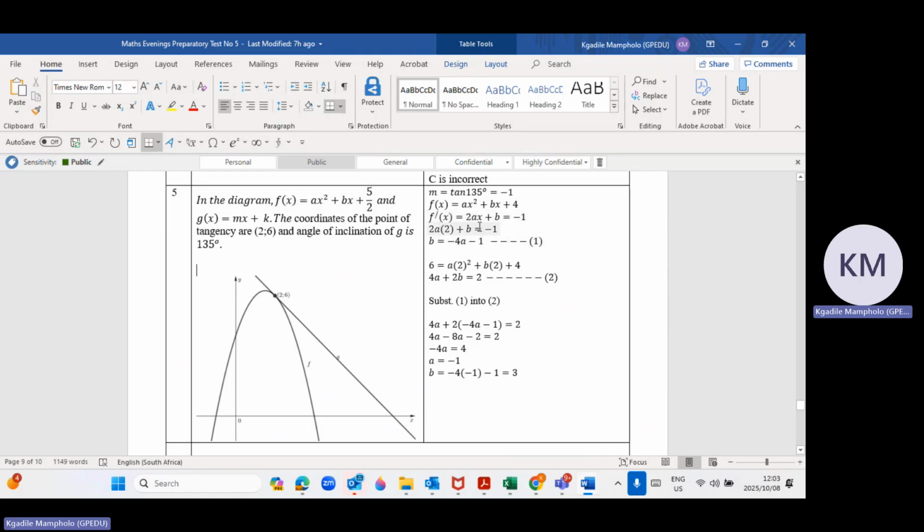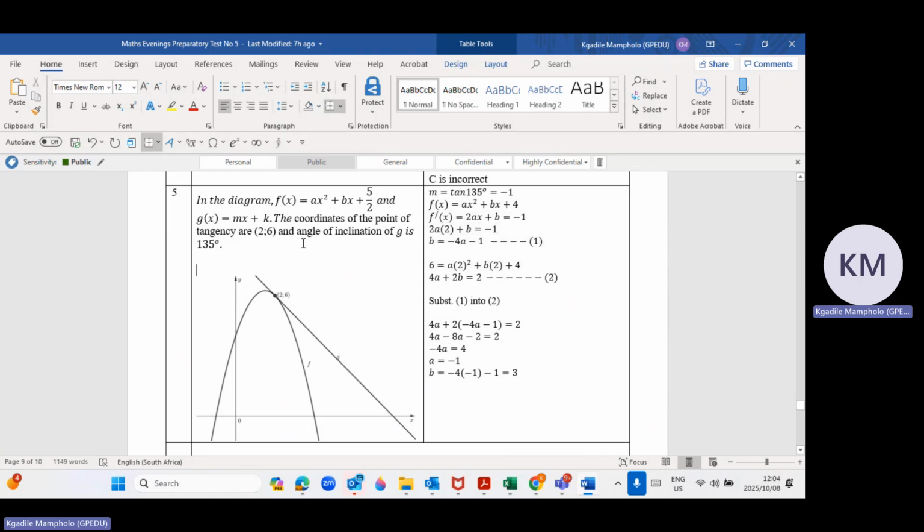Remember, the gradient is the derivative. The derivative is 2ax plus b, but we know that at the point of tangency the gradients are equal, so the derivative equals -1.